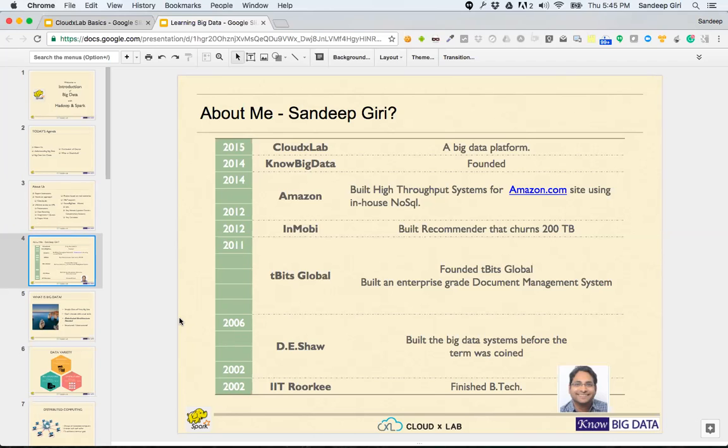We were able to do it only because we had this big cluster which we had built, which has more than 1,000 nodes. So we were able to churn that kind of data on this large scale. That's what I did at InMobi.